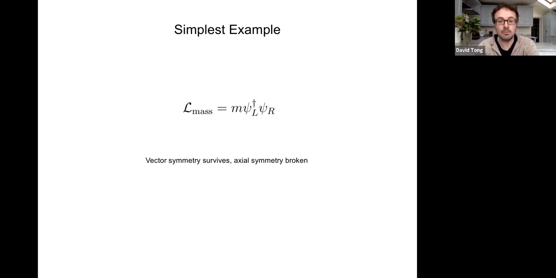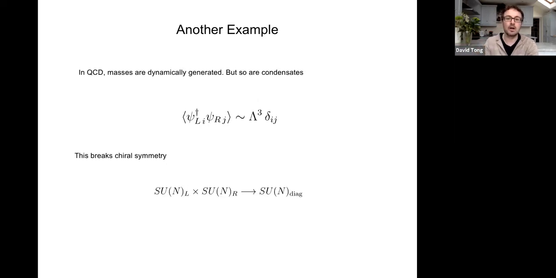A slightly more complicated example, but it's still very well known. Consider QCD, where you have n flavors of Dirac fermions, each of which is massless. So the massless limit of QCD. So this is also an example where the fermions get a mass, the fermions now being the proton and the neutron as opposed to the mesons. You don't explicitly break the chiral symmetry in the Lagrangian.